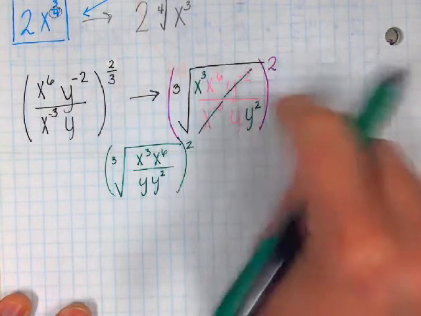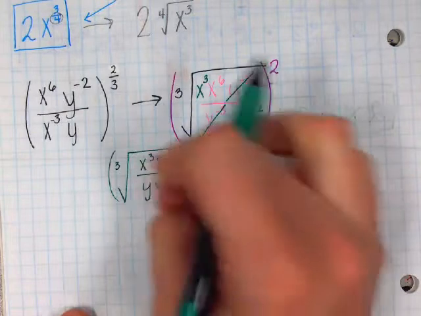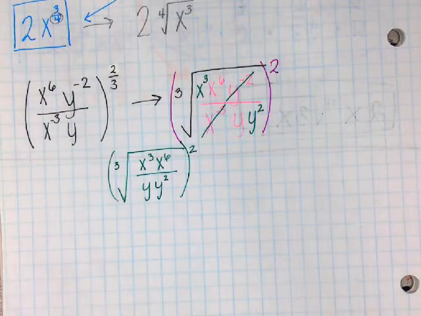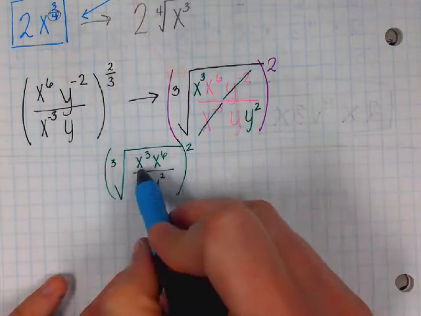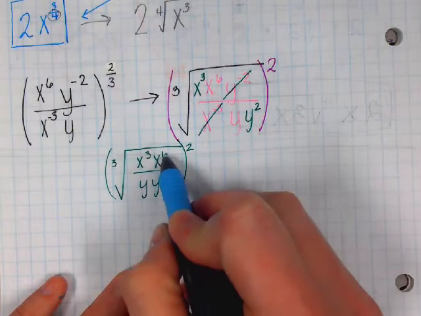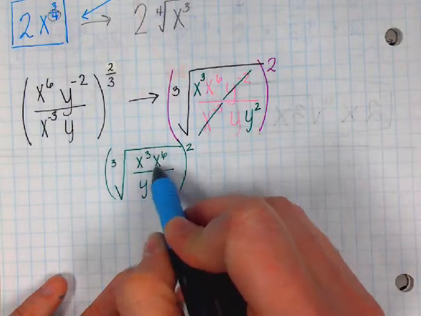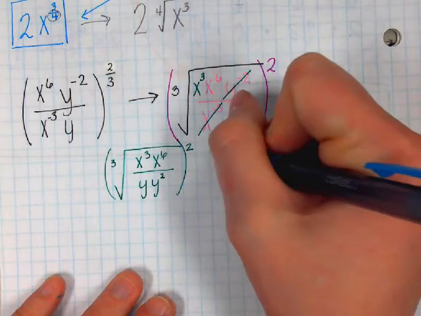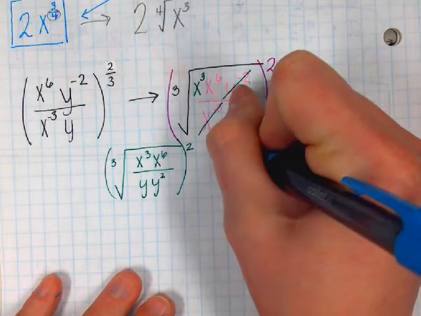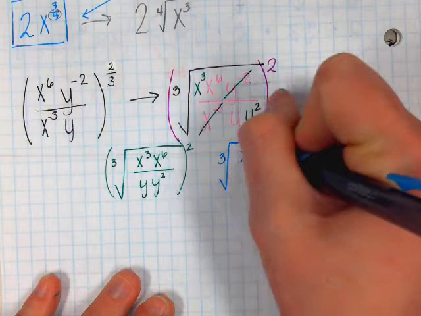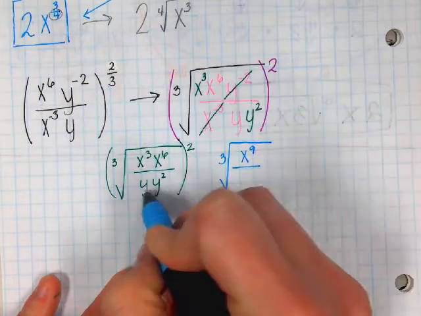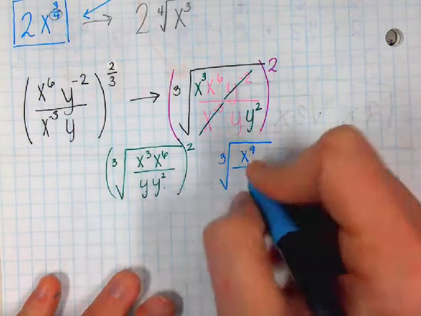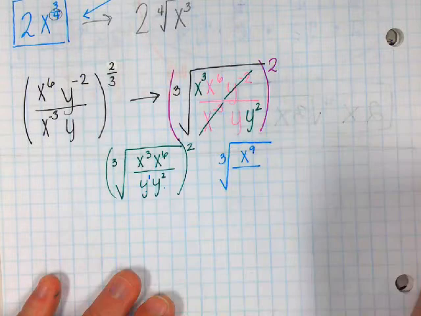So I'm going to keep having to write that cube root and the 2 until I get everything simplified. Hopefully this next step will get it simplified though. So if we have x cubed and x to the 6th, 3 plus 6 is 9, so I would do the cube root of x to the 9th divided by y and y squared.